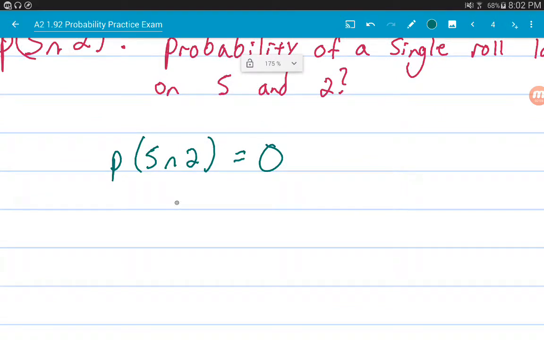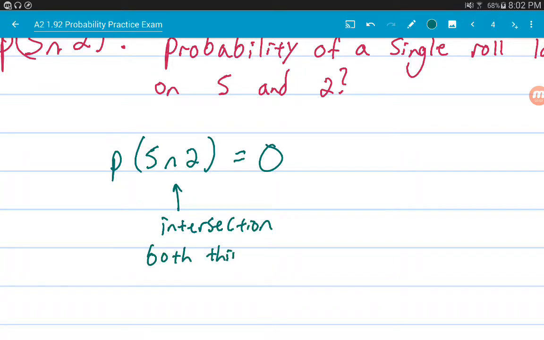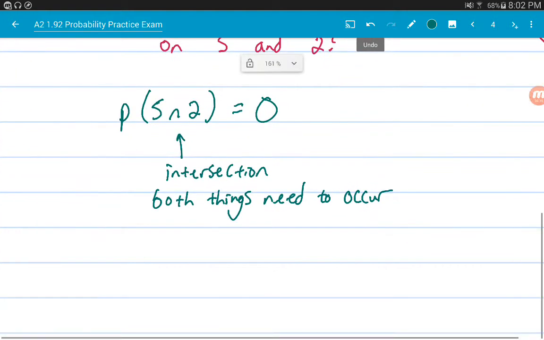This right here is what we call an intersection. This is where both things need to occur. It is not necessarily multiplication.